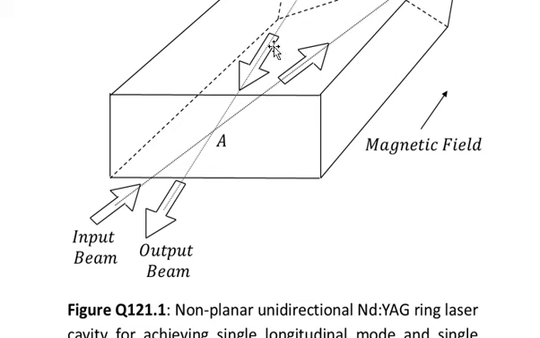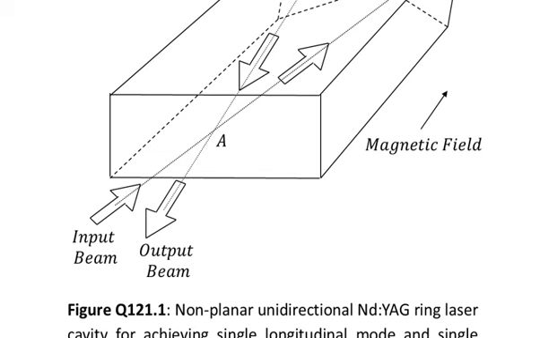Then of course the Nd:YAG beam will come out from the path as shown inside the crystal, and will come out as an output beam.